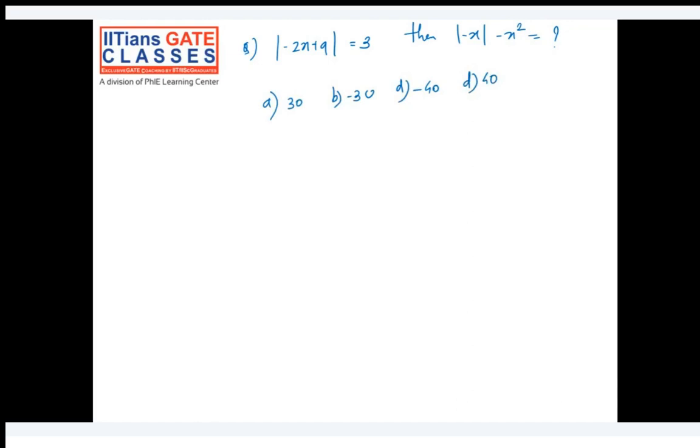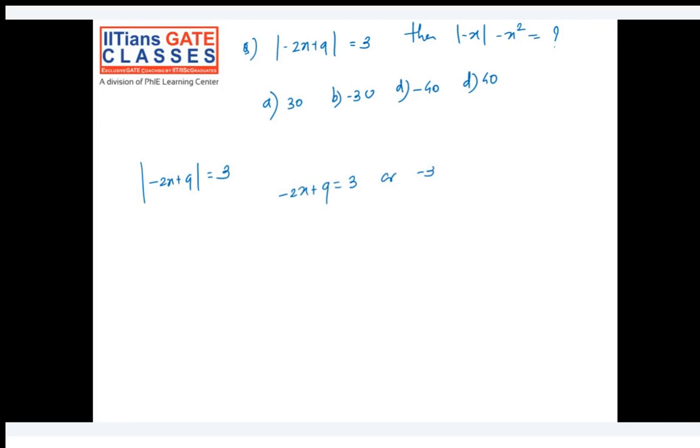What I have given is mod of minus 2x plus 9 is equal to 3. So what does it mean? It means either minus 2x plus 9 is 3 or minus 3, right?